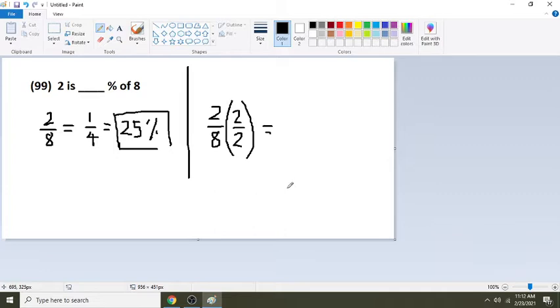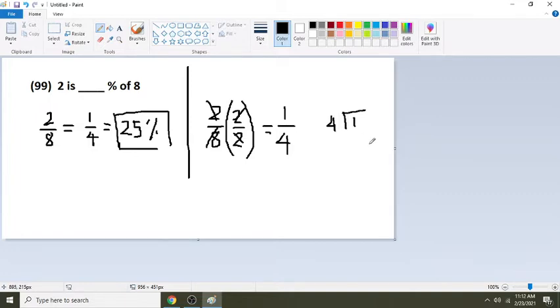So the value doesn't change. Okay. So that's 2 divided by 2, that's 1. And this one leaves you with a 4. Now, you're going to solve this by division. That means 1 divided by 4.